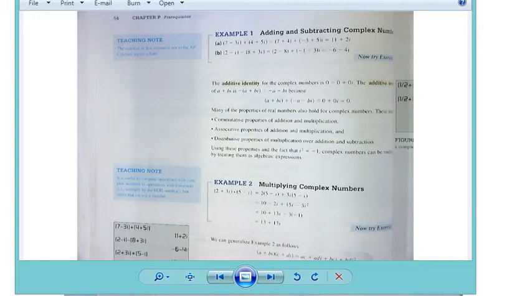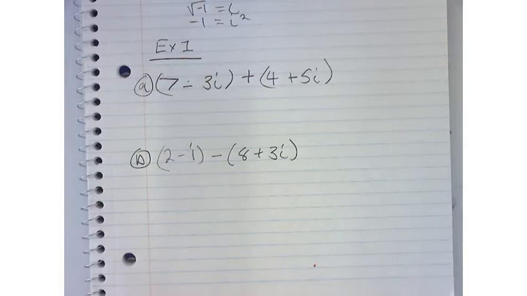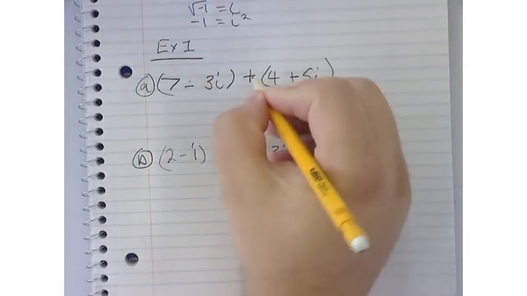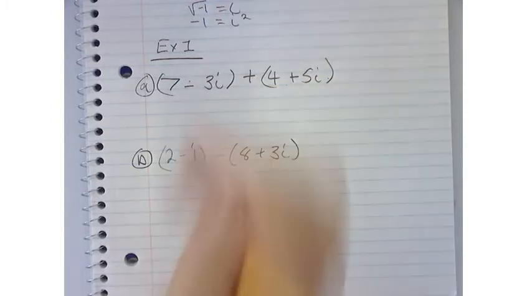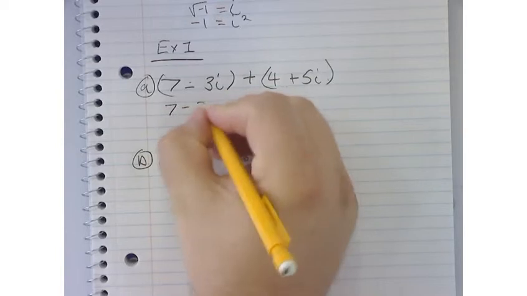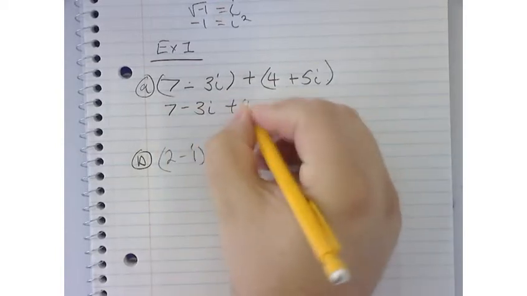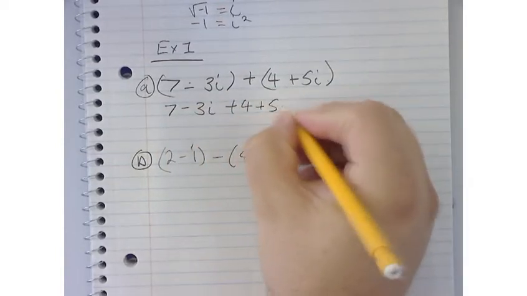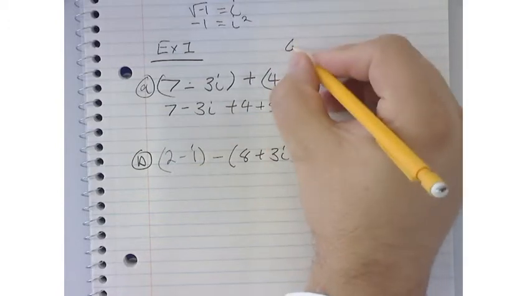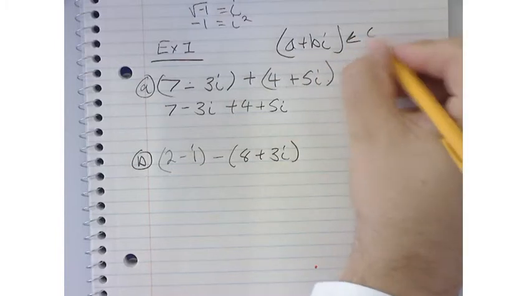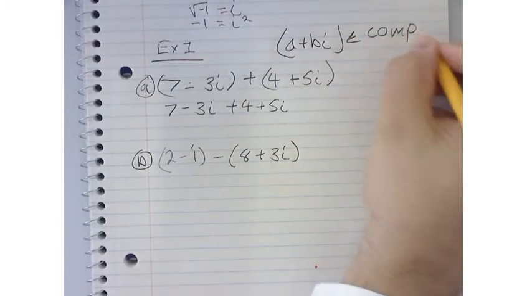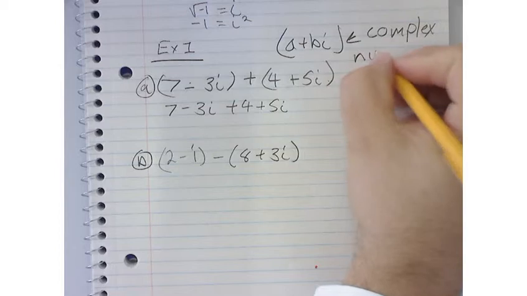And I'm going to write it a little different than the way the textbook does it. So here are my two problems, okay? When it comes to adding numbers, I really don't need the parentheses, okay? So I could think of this as 7 minus 3i plus 4 plus 5i. But remember that a complex number is a plus bi. That's the whole number. That is the complex number. It's represented by two parts, the real and imaginary, but those are the two parts.